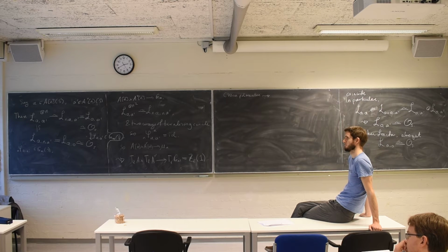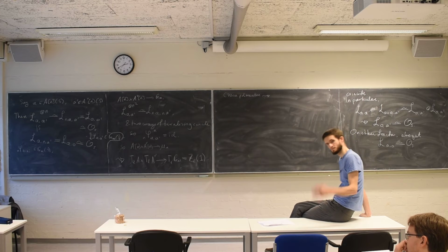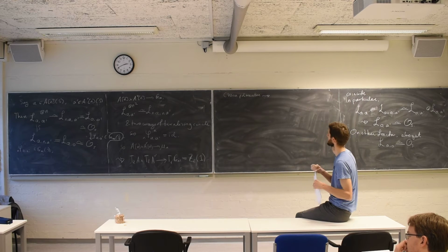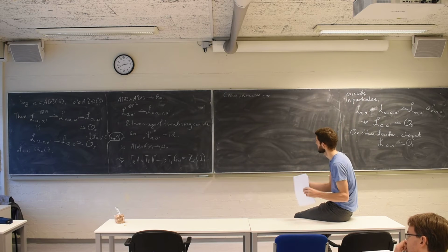It identifies the kernel of phi with the Cartier dual of the kernel of phi dual. So that is exactly a perfect pairing between these kernels. Beautiful. Nice. That was nicer than mine.